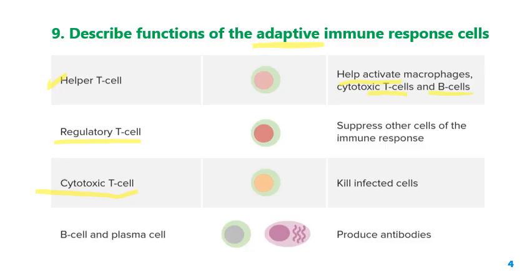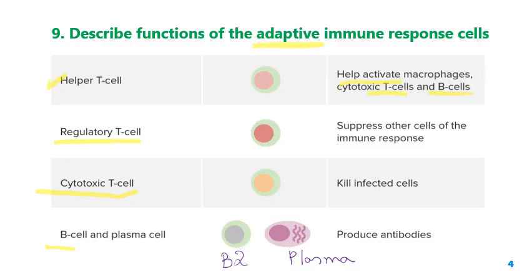So these can kill infected cells by recognizing non-self presented by those cells. And then you have your B cells, mainly your B2 type. You call them B2 before they see antigen. After they see antigen, they mature into plasma cells.